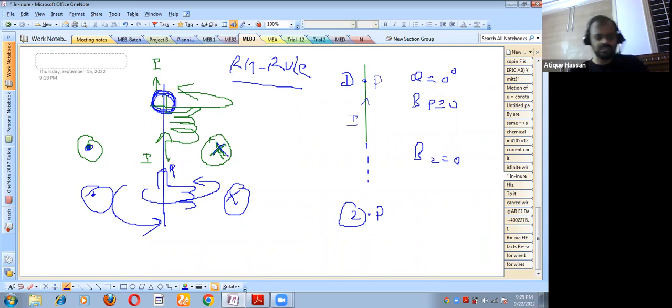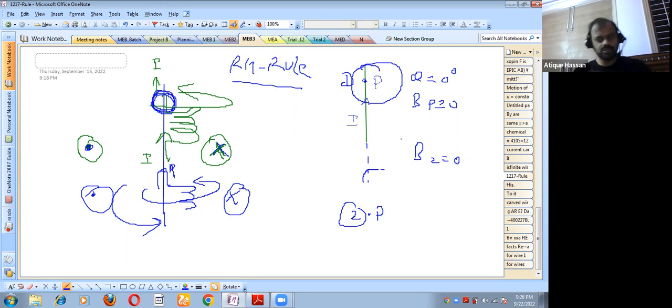If the point is on the wire, the magnetic field is always zero. If the point is on the wire or along the length of the wire, theta becomes zero and the magnetic field is always zero.